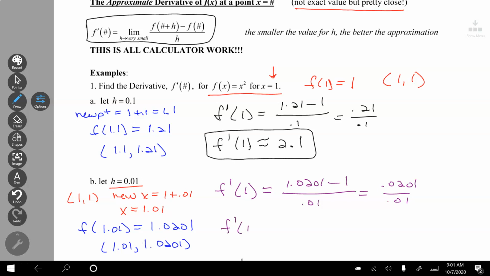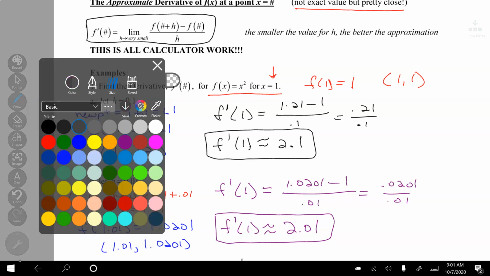So f prime of 1 is about 2.01. Again, it's not exact, but it is close. And if you're seeing this, the smaller I make h, the better approximation that I have here.